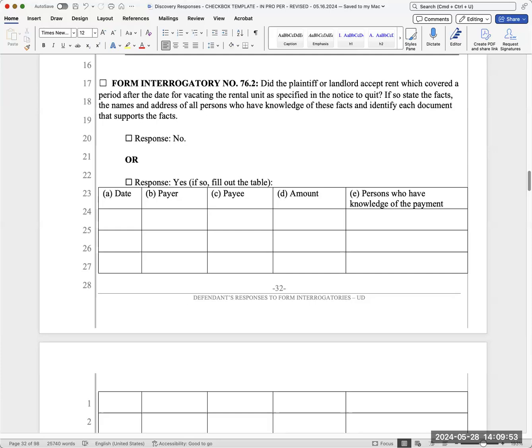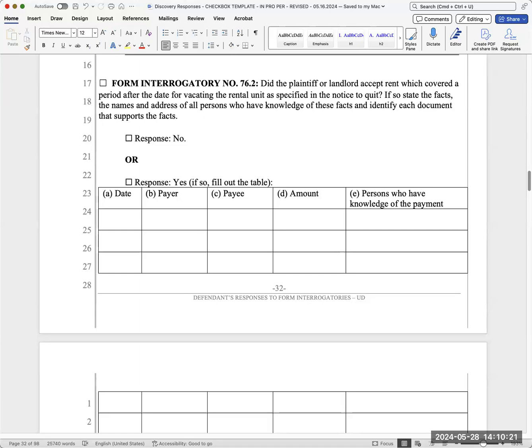And accepting rent is something you should discuss with your EDN attorney. If this circumstance applies to you, you should talk to your attorney law clerk team about how the payment was made and if it was actually accepted, meaning deposited.